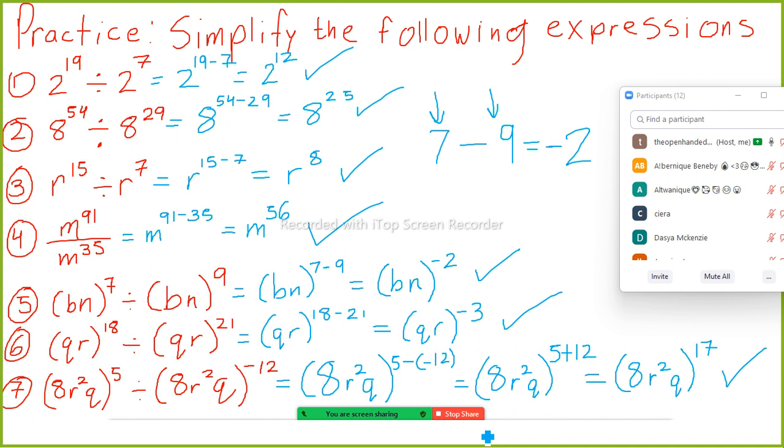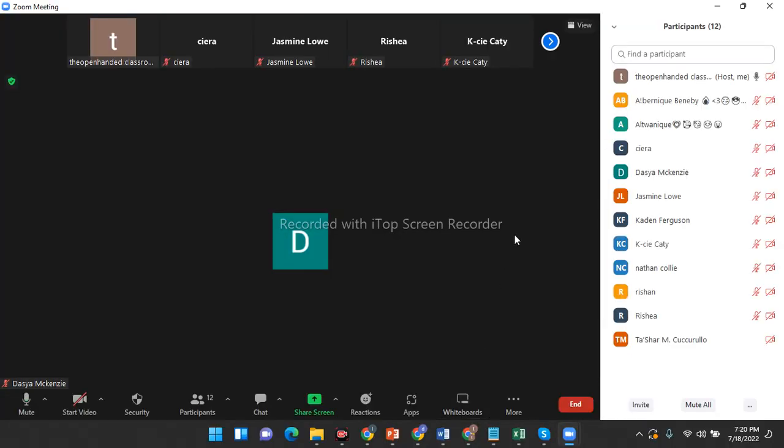Very important rules. We use them a lot, not just in basic maths, but as you move up into higher level maths, we still use these same rules. They come up often. Rules of exponents, they come up a lot. They are always there.